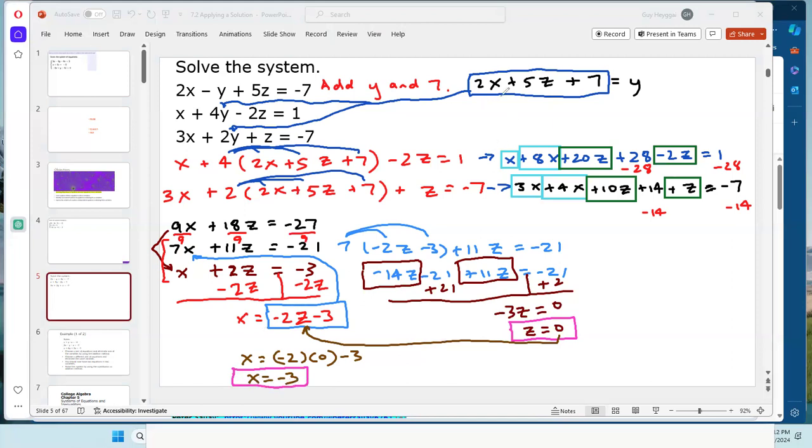Then we'll take this equation up here and solve for y using that. So 2 times -3 plus 5 times 0 plus 7 equals y. -6, blow up 5 times 0, plus 7 equals y. y is 1.